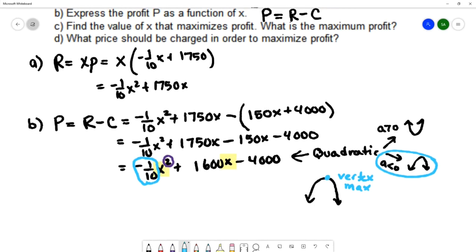So we do have a formula for finding the vertex, and that formula is, the vertex is an ordered pair. We usually label it with (h, k), and we can find the x-coordinate of that vertex, h, by doing negative b over 2a. And then the y part we'll get by substituting this value into the profit function.